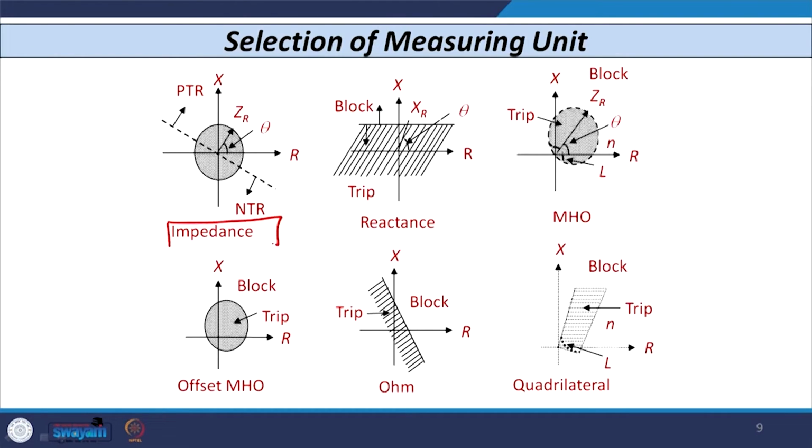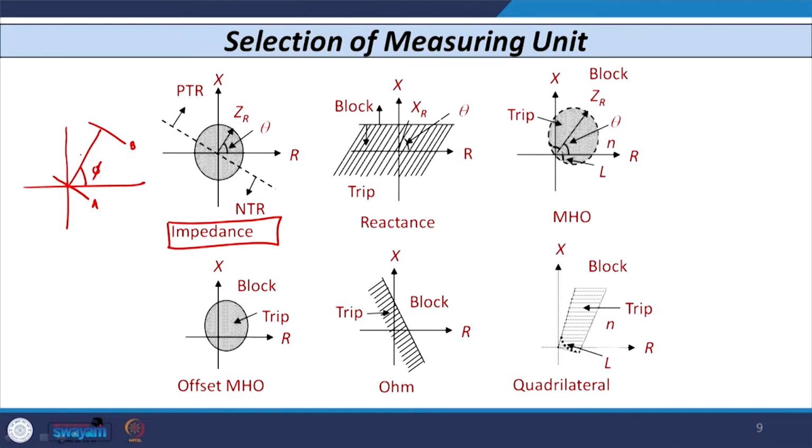This is the impedance type distance relay characteristic, and you can see that there is a circle on the R-X plane. Now, the important point is, if I draw on this side the R-X plane, then the line to be protected is connected between two buses, that is somewhere here. This is A and B, this is your line to be protected, and this is angle phi.